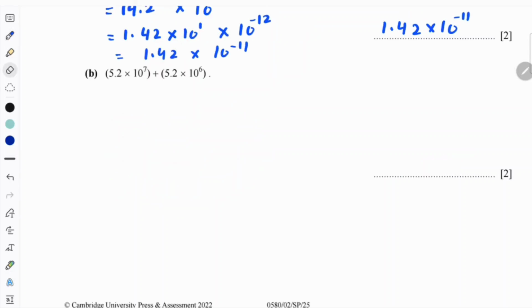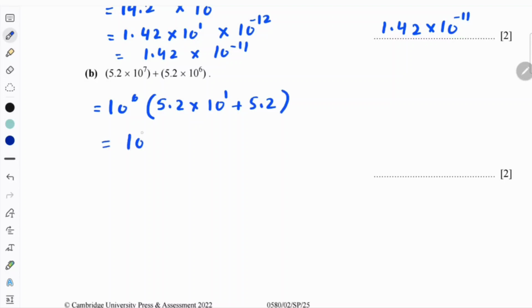Next part of this question, 5.2 into 10 to the power 7 plus 5.2 into 10 to the power 6. Either you take the whole 5.2 into 10 to the power 6 common, or you take only 10 to the power 6 common. The remaining one is 5.2 into 10 to the power 1, because 10 to the power 6 you have already taken out common, plus 5.2, don't repeat 10 to the power 6 here.